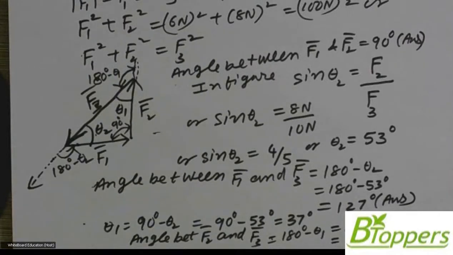But sometimes you may come across a problem of similar type where the three forces may not form a right angle triangle. In such cases, also we can apply the triangle law of addition of vectors, but we cannot apply the condition of Pythagoras theorem. We can use the sine rule.